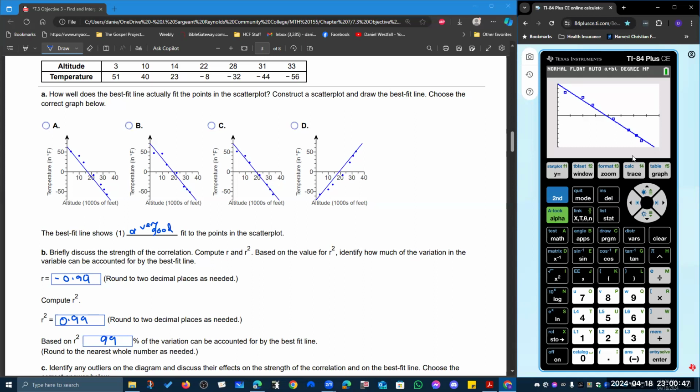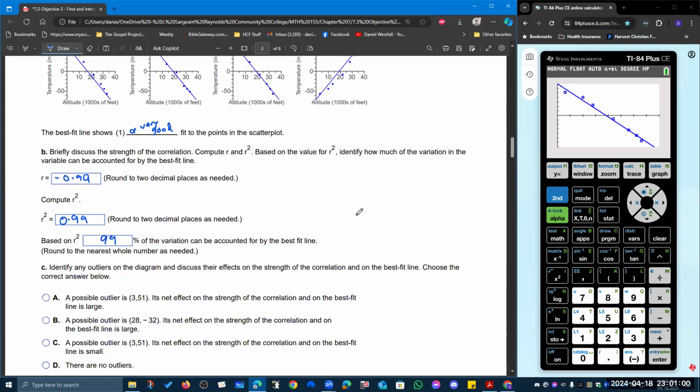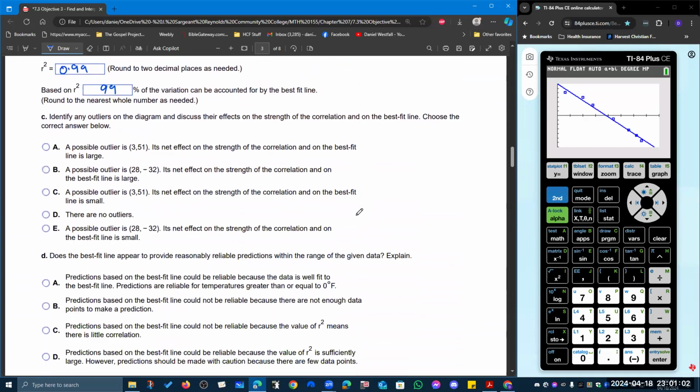Looks to me like it is C. Okay. And that's a very good regression line. Identify any outliers on the diagram and discuss their effects on the strength of the correlation and the line of best fit, choose the correct answer below.